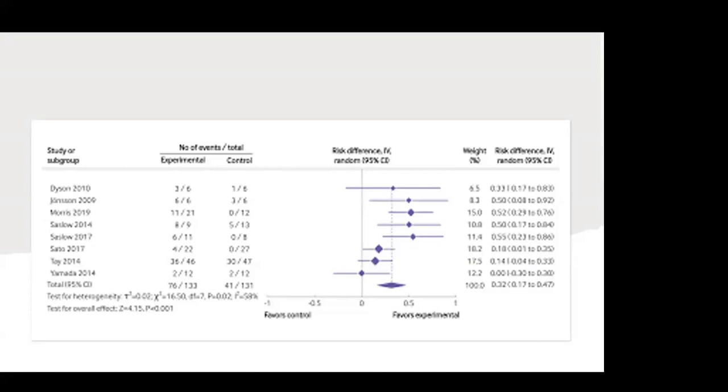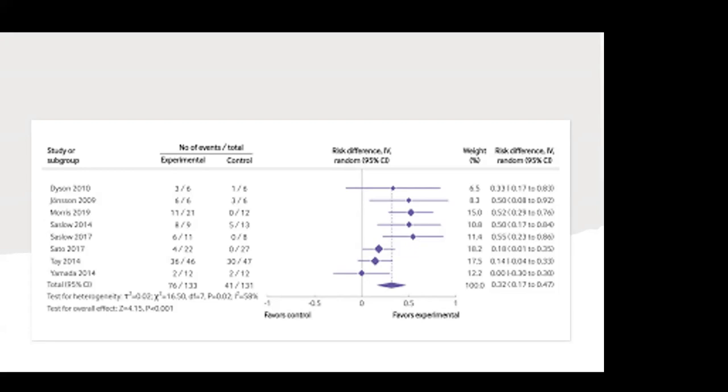So what I can see is that the first study had a wide range, which is a low-power study, and it is crossing the vertical line. But most of the studies have very good power, and the total of it is in favor of the experimental.